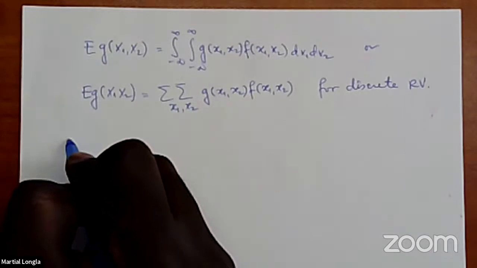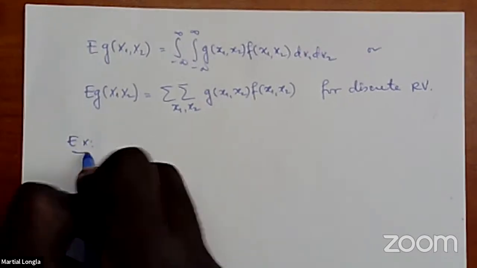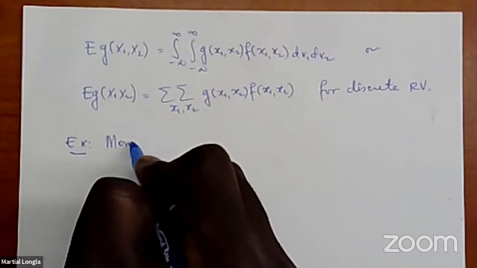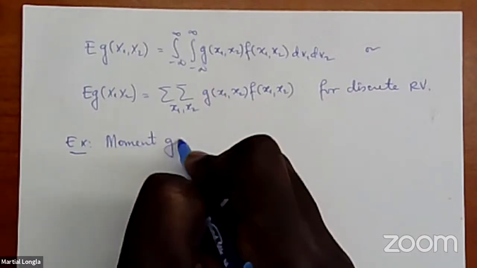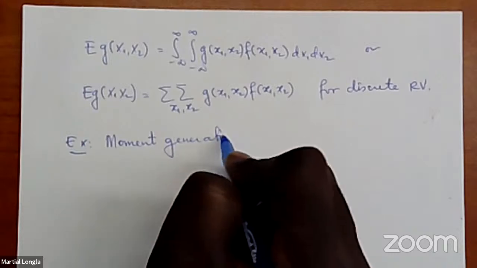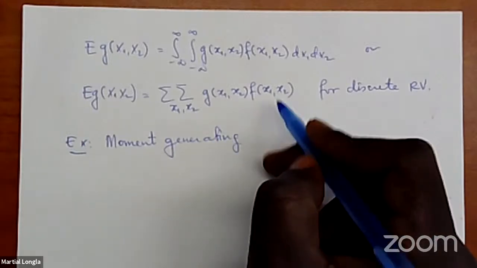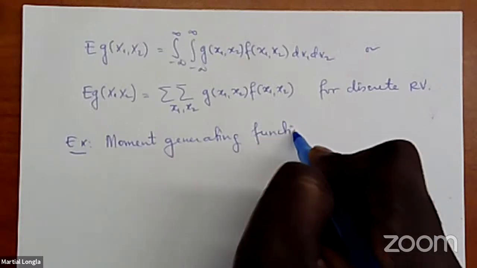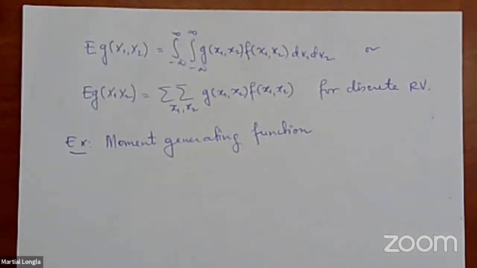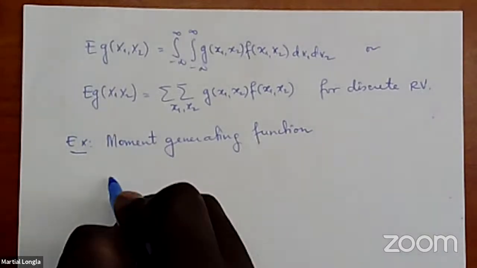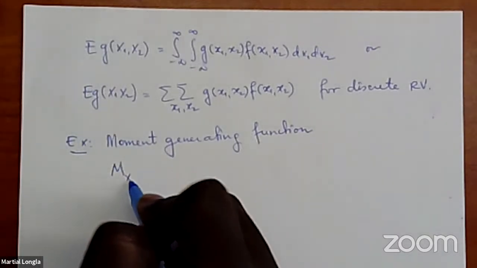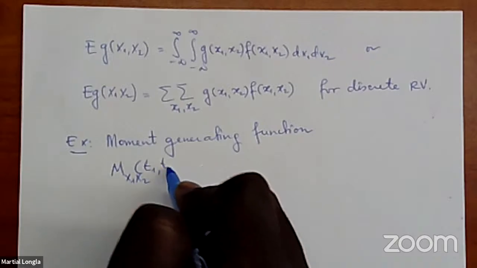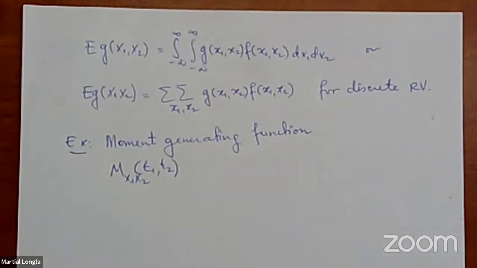An example of this would be the famous guy we talked about last time, the moment generating function. It exists for one variable, it exists for vectors as well. How do we define that? That's M of x1, x2 of t1, t2, because now you are dealing with a vector.